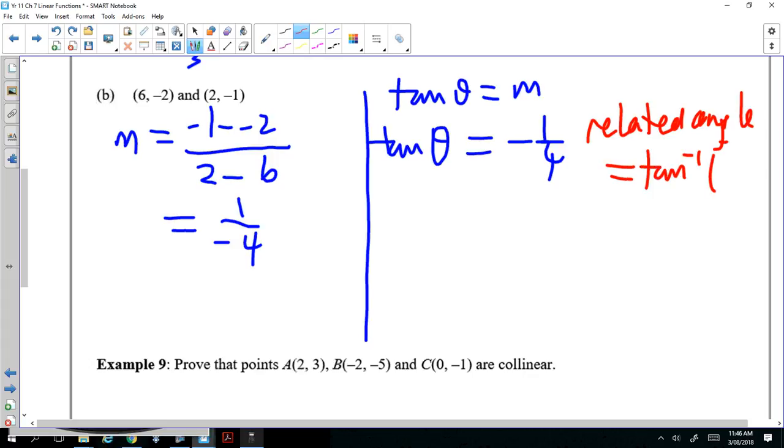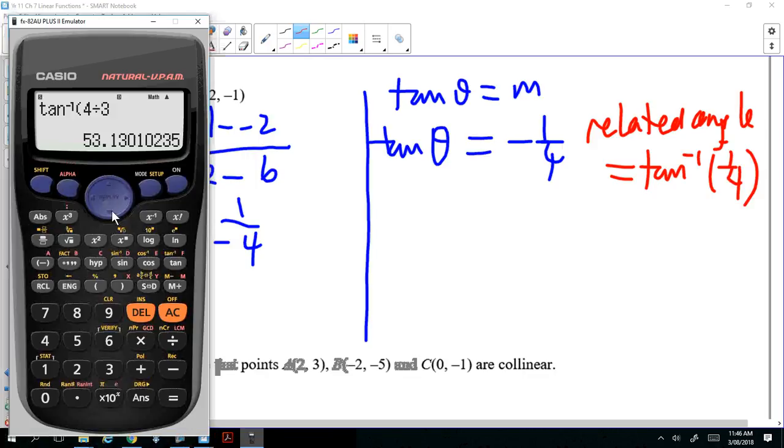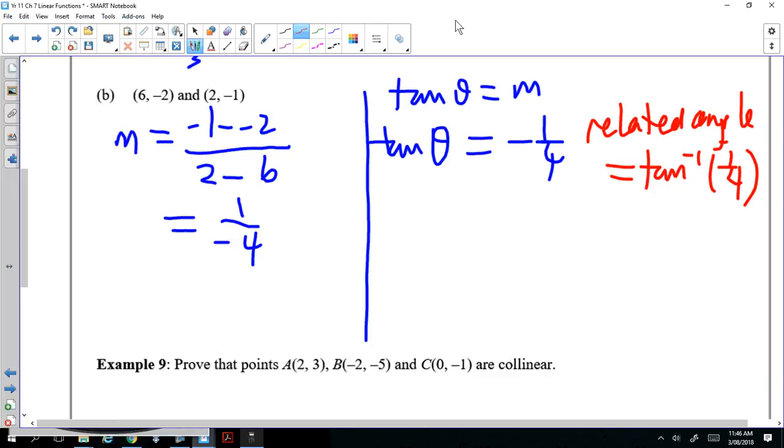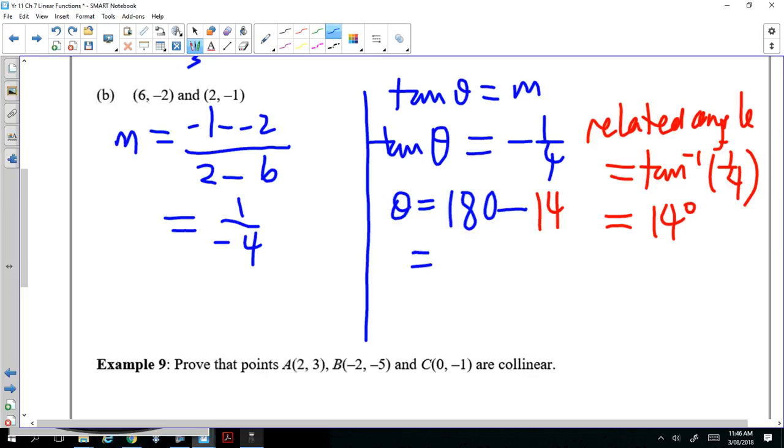And then to find the actual angle, you go 180 minus the related angle, which is going to be obtuse. So the angle will be 166.4.